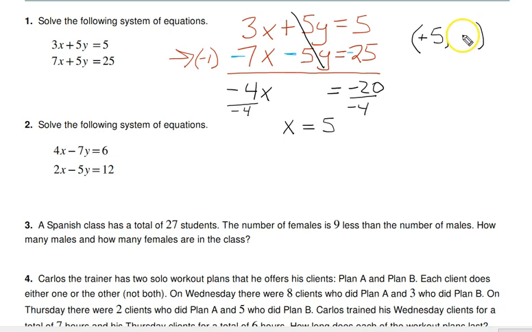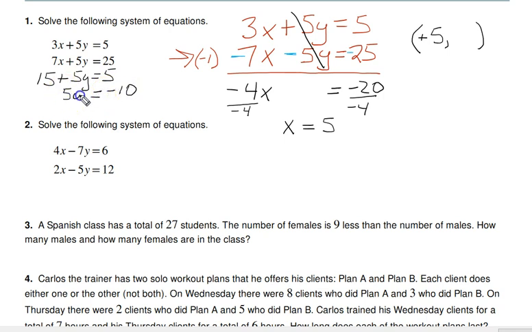Now I still need to find what the y value is. And for this I can go into either equation. I know now that x is 5. So 3 times 5 is 15 plus 5y equals 5. I'm going to transpose the 15 to the other side. Becomes a negative 15 and a 5 is a negative 10.